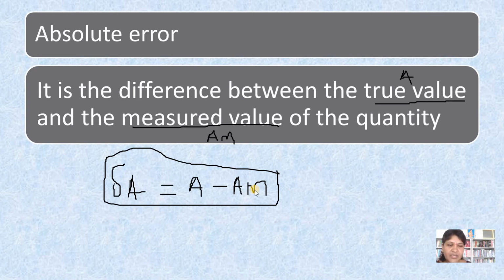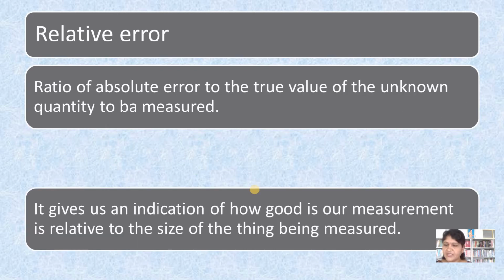Next type of the error is relative error. Relative error is the ratio of the absolute error and the true value of the quantity. Absolute error, we already defined, is the difference between the true value and the measured value. Absolute error is divided by the true value.